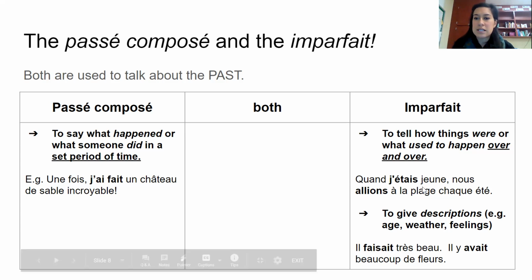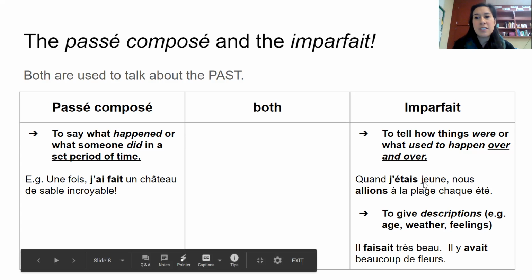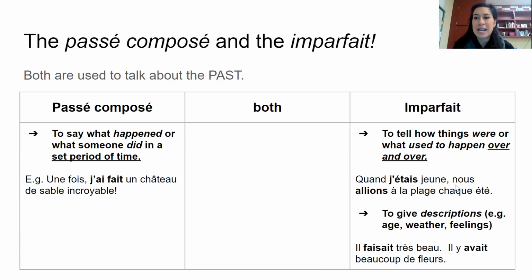So let's have a look at this example. Quand j'étais jeune, nous allions à la plage chaque été. So we've got a different pronoun, nous allions, but it's the same imparfait. À la plage, what is à la plage? Beach. Chaque été, what is été? Summer, good.